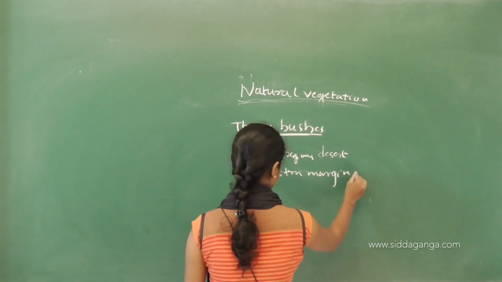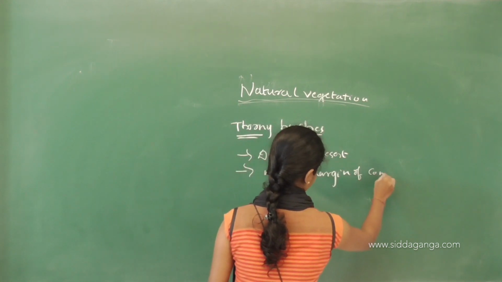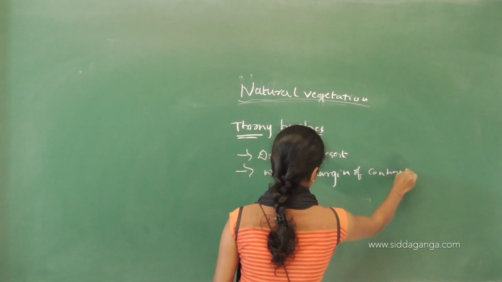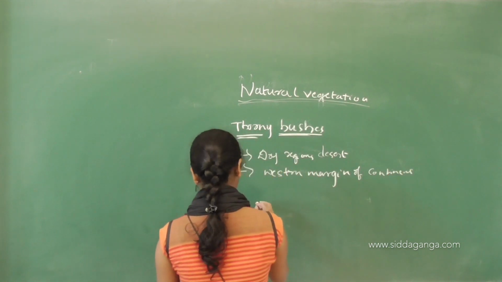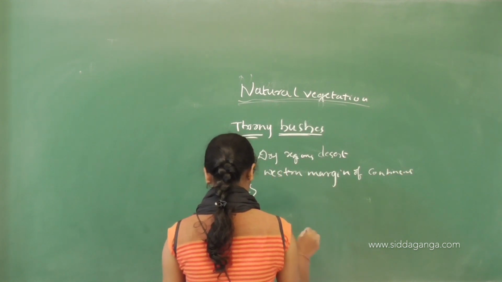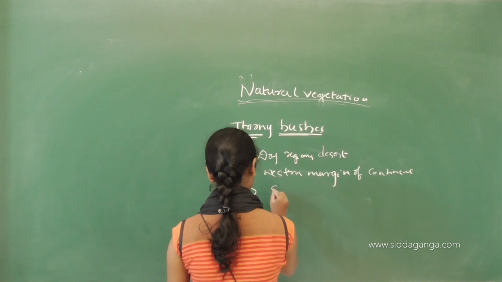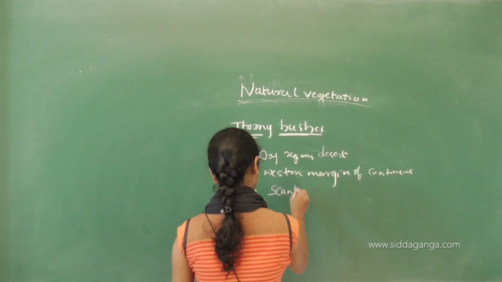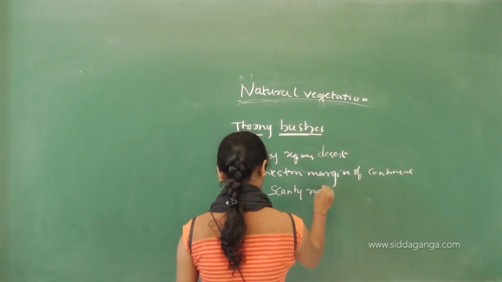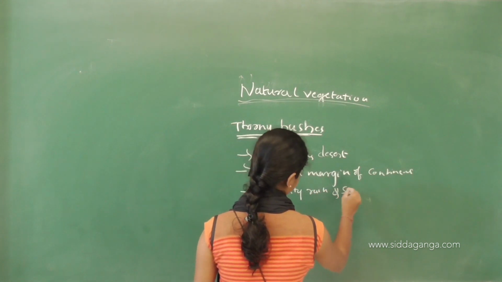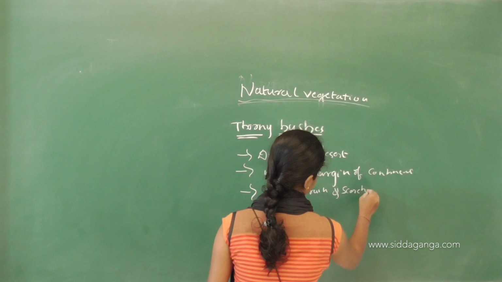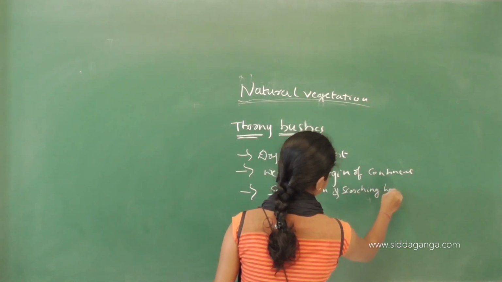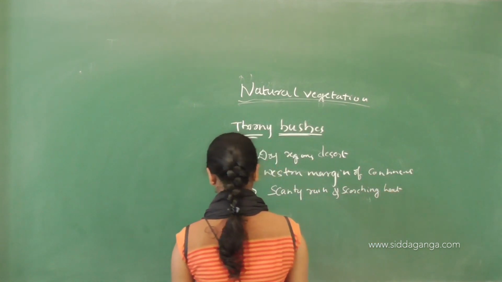Vegetation cover is scarce because of scanty rain and scorching heat. That is why vegetation is scarce.